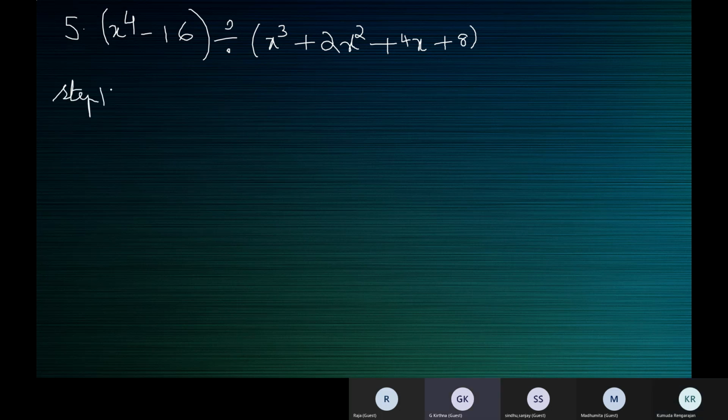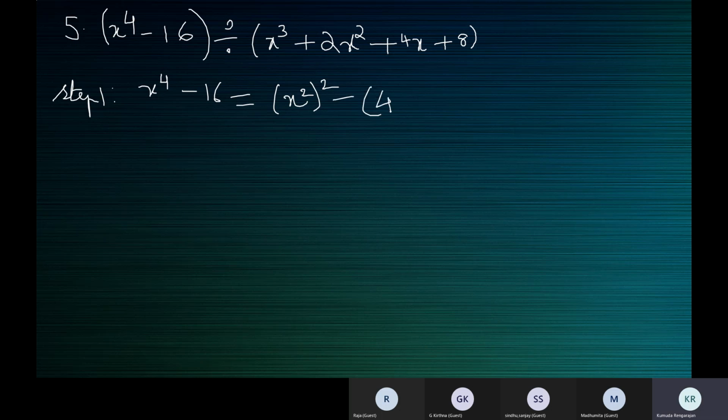Ma'am, I did it: x squared minus 4 to the whole, like x squared the whole square minus 4 the whole square, ma'am. Correct. X squared the whole square minus 4 the whole square. Correct.